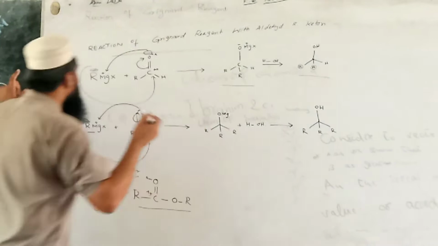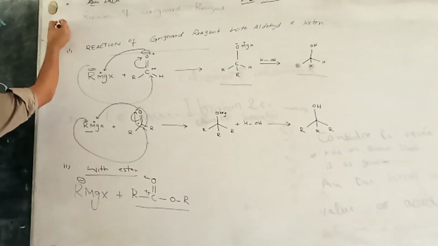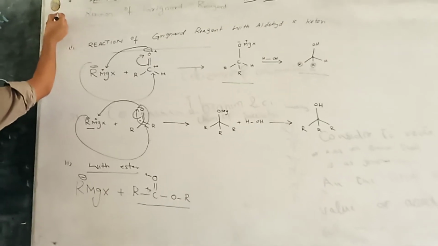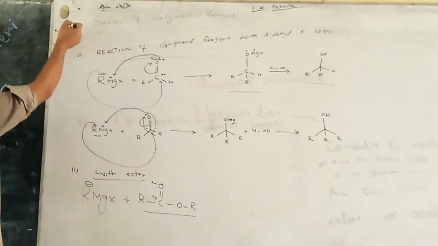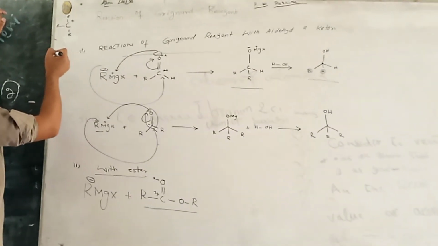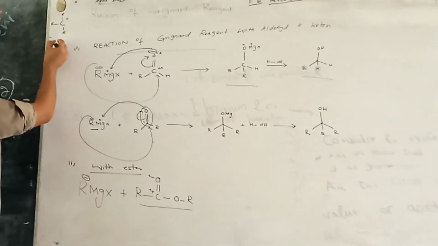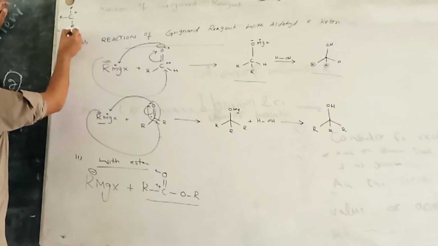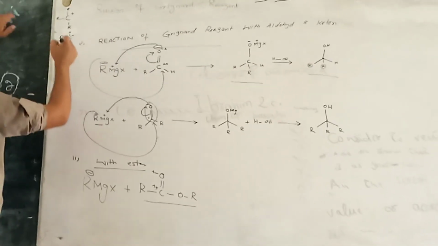Note these 2 points. This carbon is bearing the positive charge. This carbon is called carbocation. And look at this. R is directly linked with carbon and this carbon is negative. So this is carbanion.